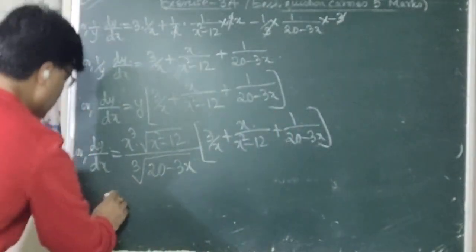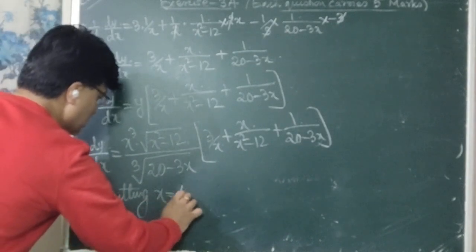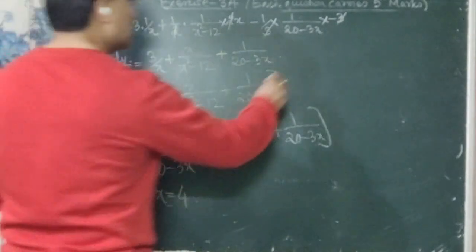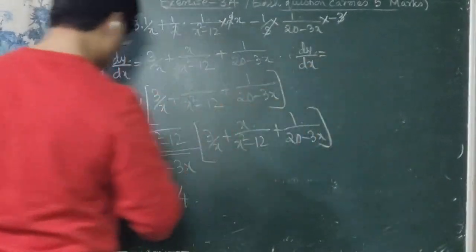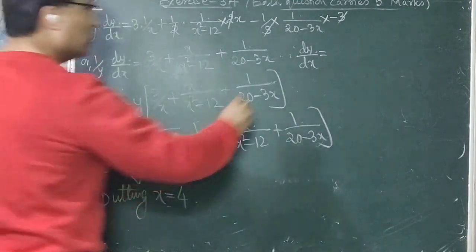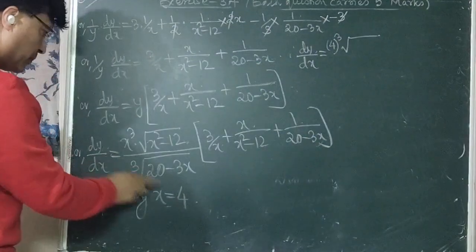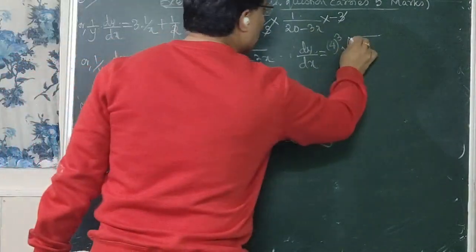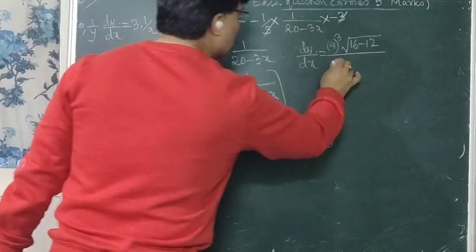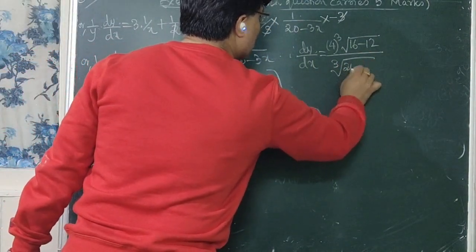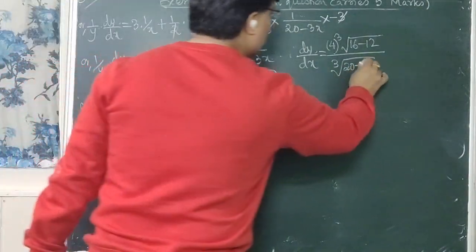Now putting x is equal to 4, what do we get? Therefore dy by dx is equal to 4 whole cube, then within square root, 4 square is 16 minus 12, divided by cube root of 20 minus 3 fours are 12.